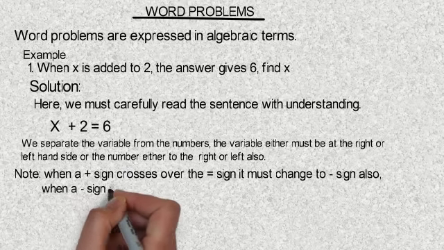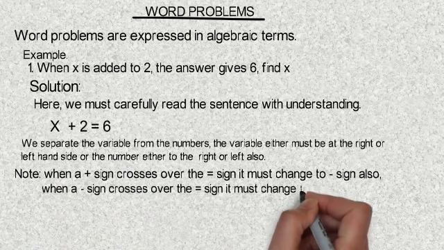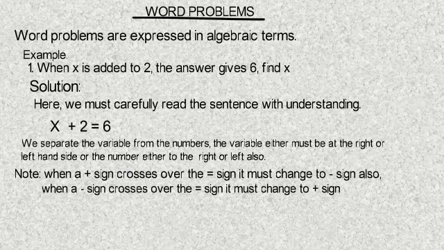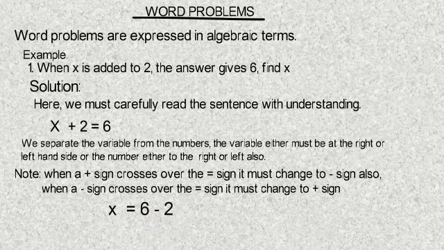Also, when a minus sign crosses over the equal to sign, it must change to plus sign. So here, our number will go to the right and our variable to the left. So we have x equals, our plus 2 is crossing over to meet 6. And I said when a plus sign crosses over the equal to sign, it changes to minus. So I have x equals 6 minus 2. So here x equals 4.